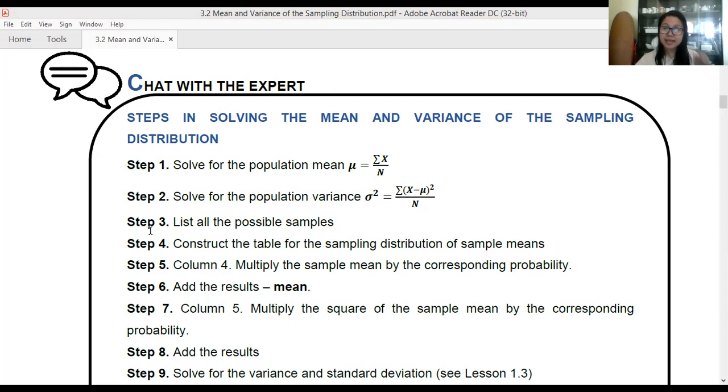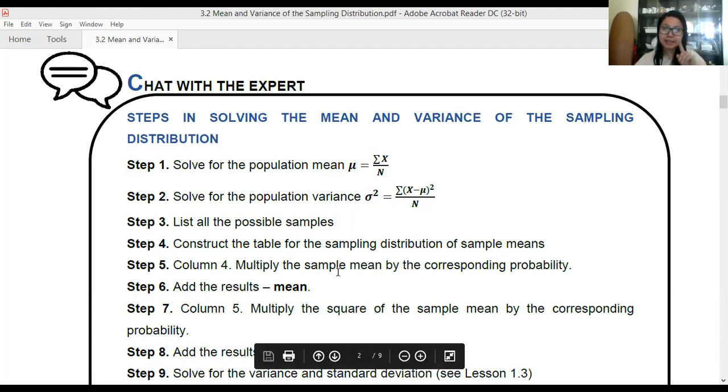Step 3 is the same as last meeting. We need to list all possible samples. Step 4 is still the one from last meeting. We need to construct a table for the sampling distribution of sample means. Then step 5 is where we start today. We will multiply the sample mean by the corresponding probability.